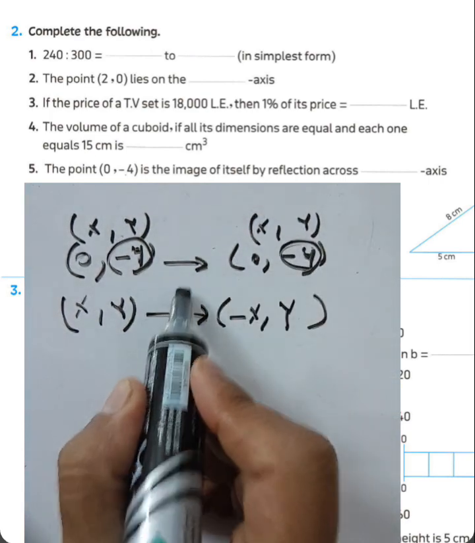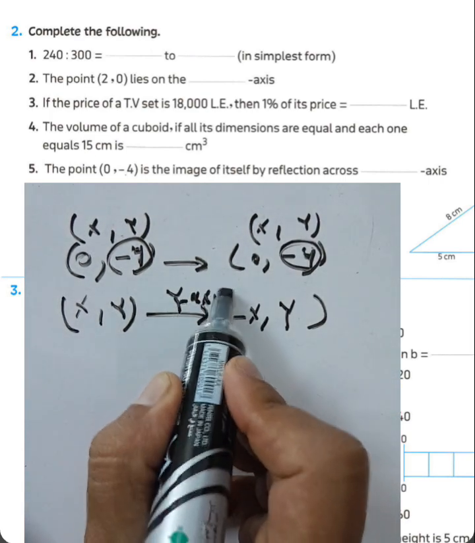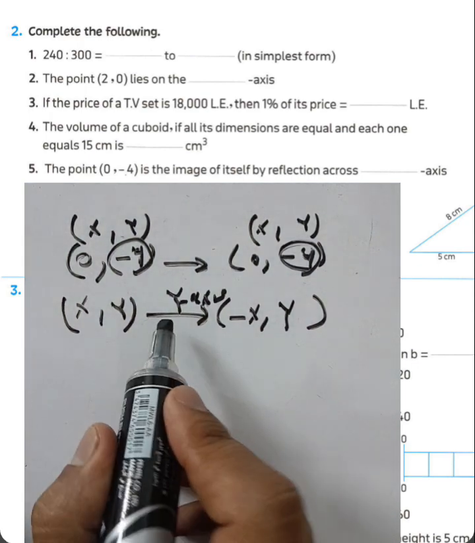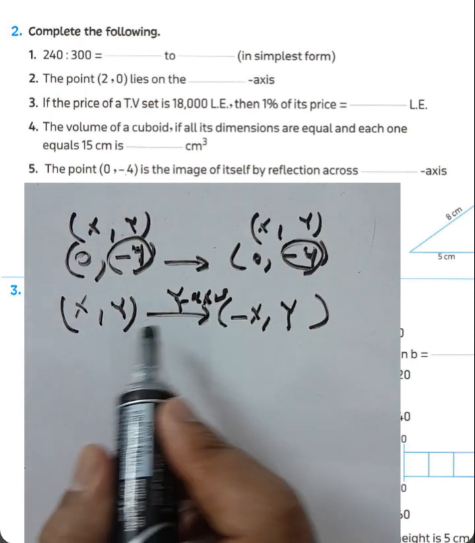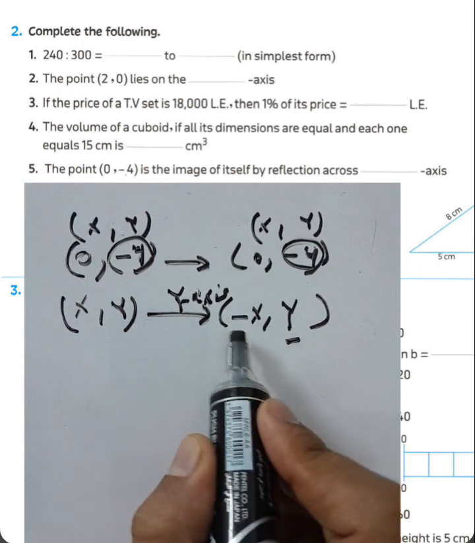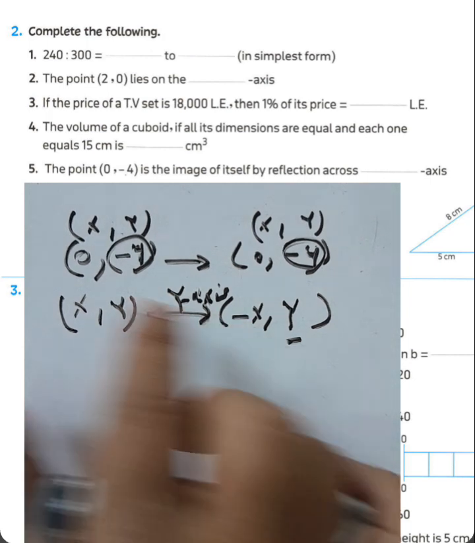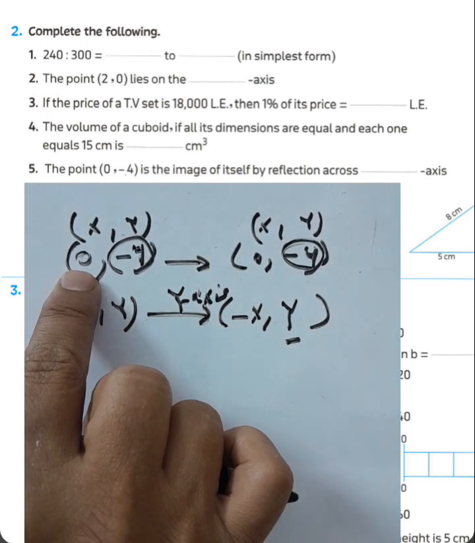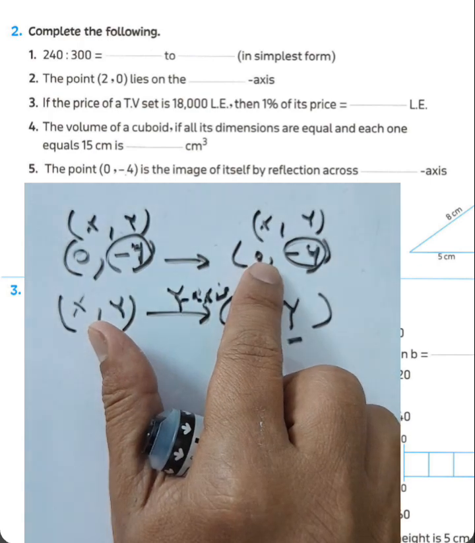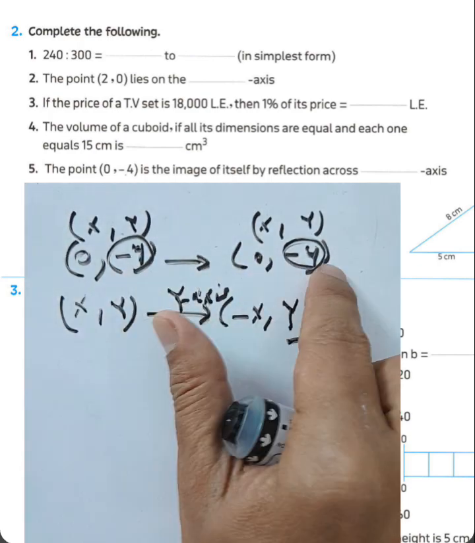It's reflection in the y-axis. Okay, this is reflection in the y-axis, because the rule of reflection of any point in the y-axis, we must keep y and change the sign of x. We know 0 is non-positive and non-negative. Then 0 product by negative 1 will be itself, and negative 4 constant.